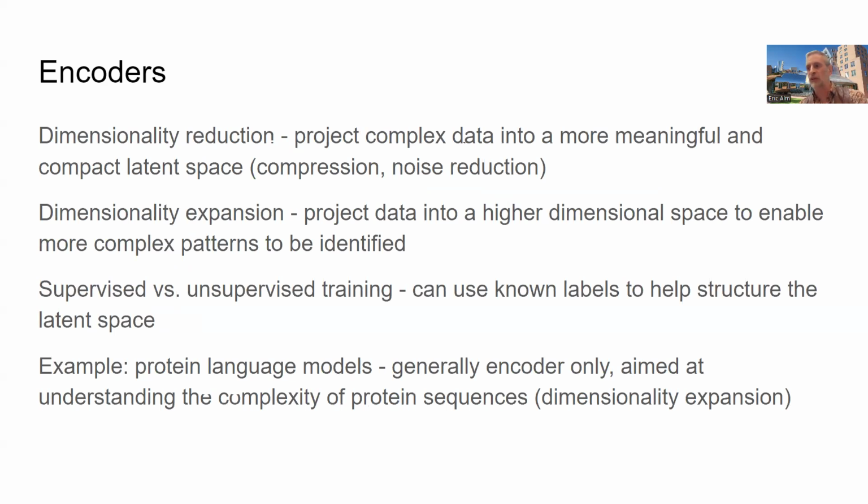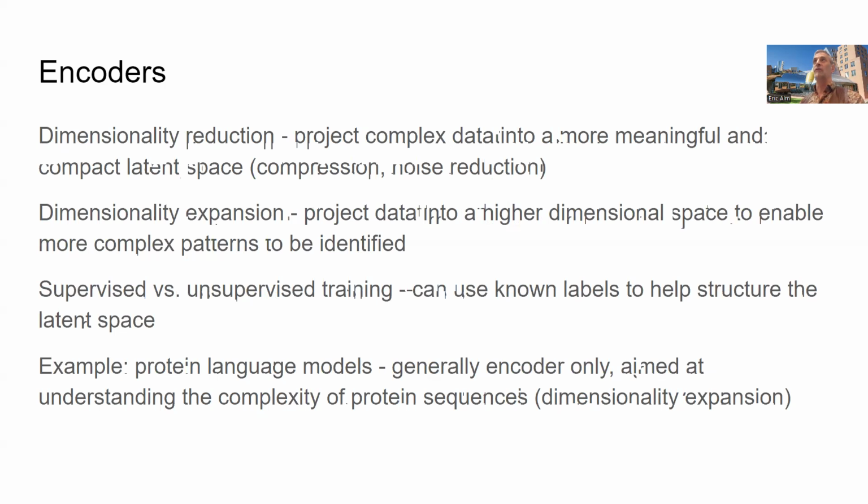And so if we look at each of these two parts, encoders usually do one of two things. It's either dimensionality reduction, so we can take a giant data set that might be difficult to understand purely by looking at the raw data.